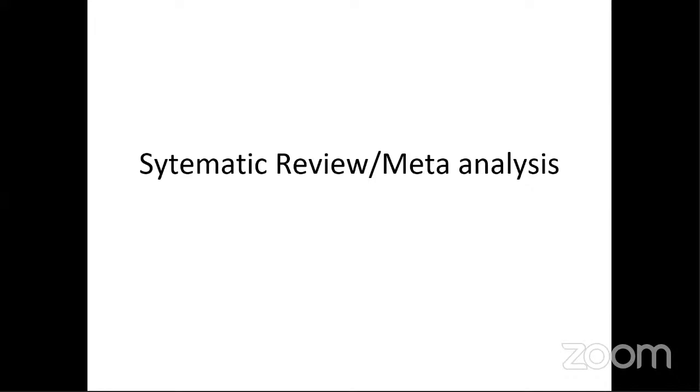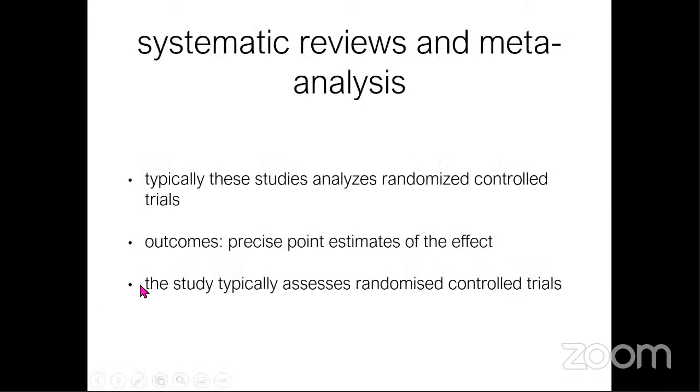Then our next would be our systematic review or your meta-analysis. Typically, these studies analyze randomized controlled trials. They summarize the studies that have been done before. So there are precise point estimates of the effect.